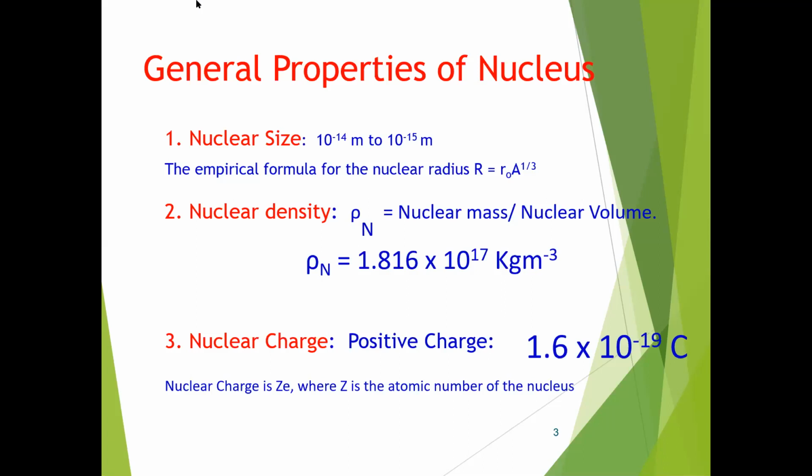The atom is almost totally empty. The mass is concentrated at the center, which is called the nucleus. When compared to the size of the atom, the nucleus is very small.